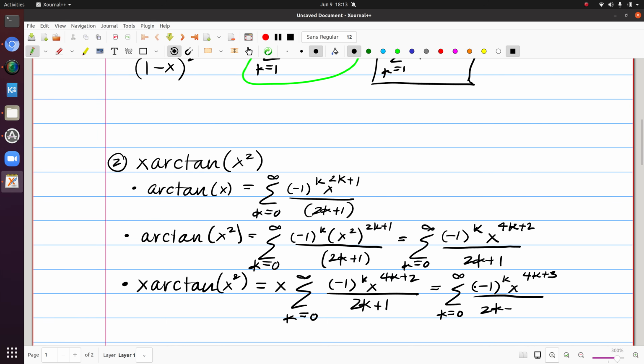So a few common mistakes that I've seen is, suppose I didn't simplify. If I didn't simplify, I'd be looking at what I'm circling in yellow here. It might be tempting to just say if I multiply by x, then I can just change the 2k plus 1 to 2k plus 2.